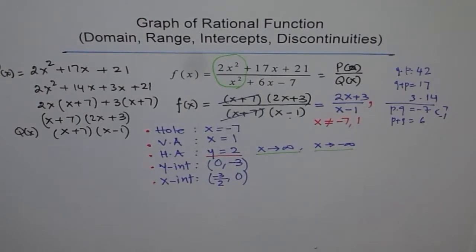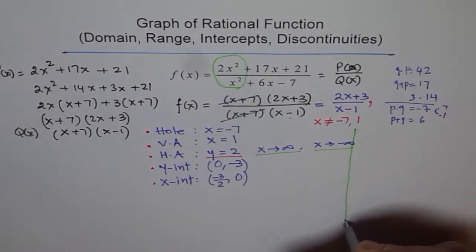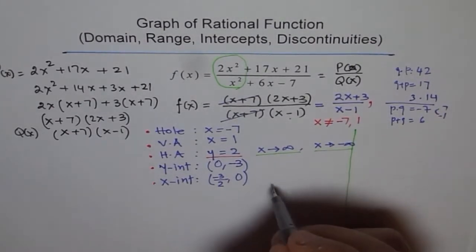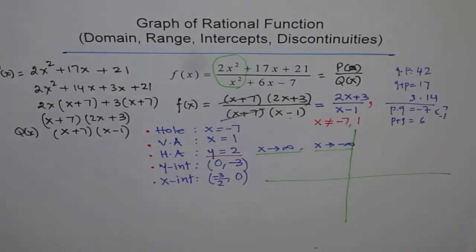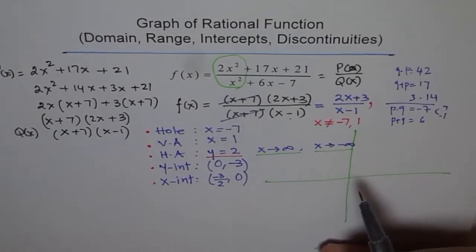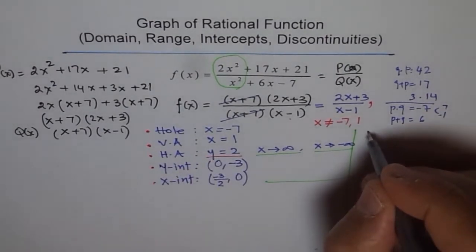Correct? So let's try to sketch a graph now. It's time to sketch a graph. I know I'm always running out of space, but I'll use whatever we have. Let me draw the axes here, right? Now, the first thing we should do is look for vertical asymptotes. Whenever you draw your graph, look for vertical asymptotes. So the vertical asymptote is at x equals 1.